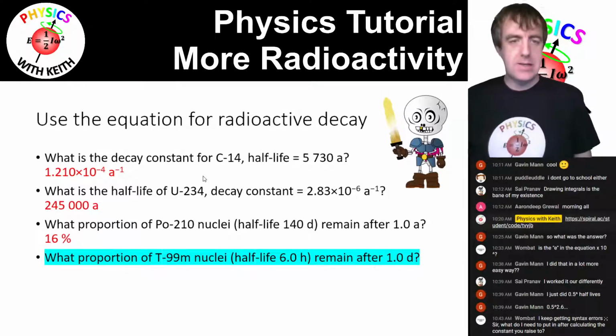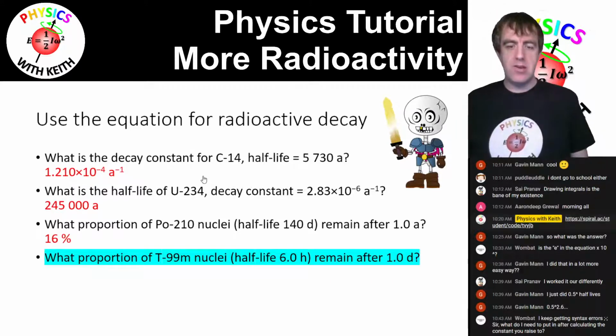Syntax errors, interesting. Mine doesn't tend to give me syntax errors, it tends to give me complex numbers. What do I need to put in after calculating the constant you raised to?